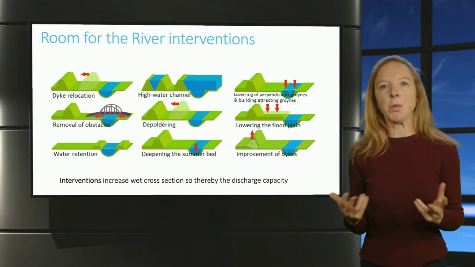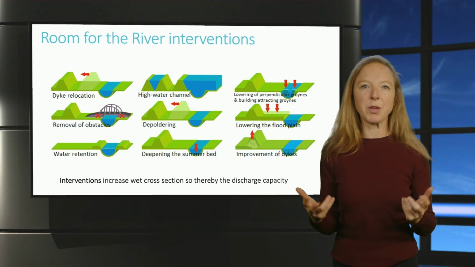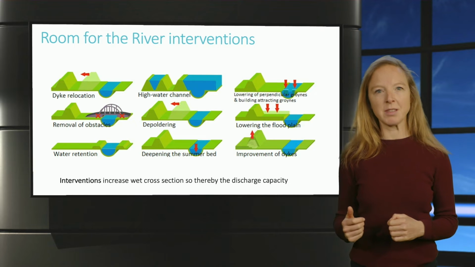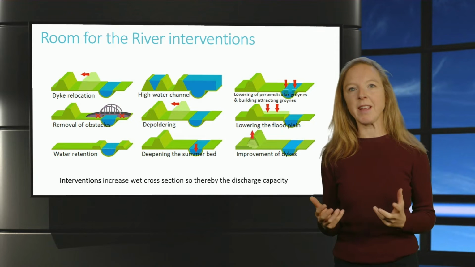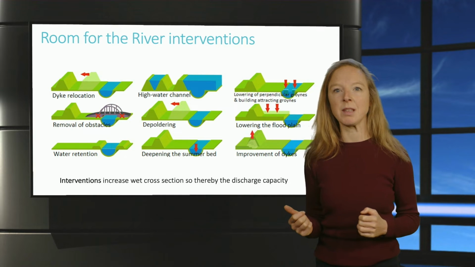Most building blocks were directed at increasing the wet surface area, as the name Room for the River already implies. An example is a lowering of groins. These structures were intended to prevent the natural meandering of the rivers discussed in week 1.